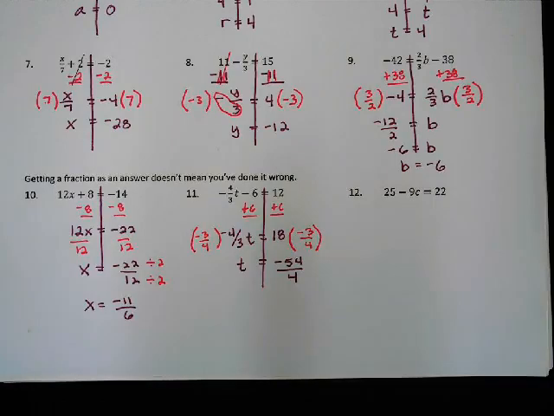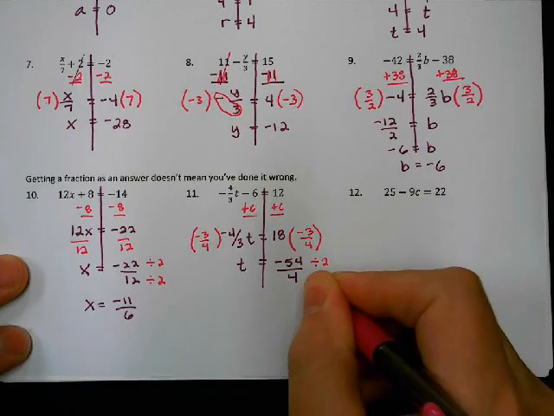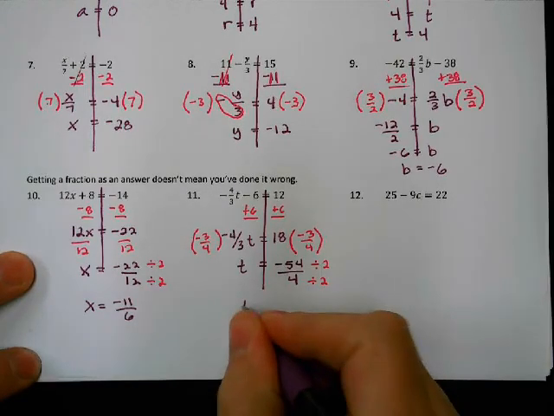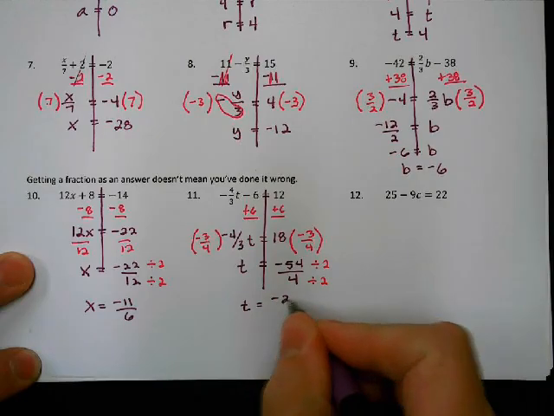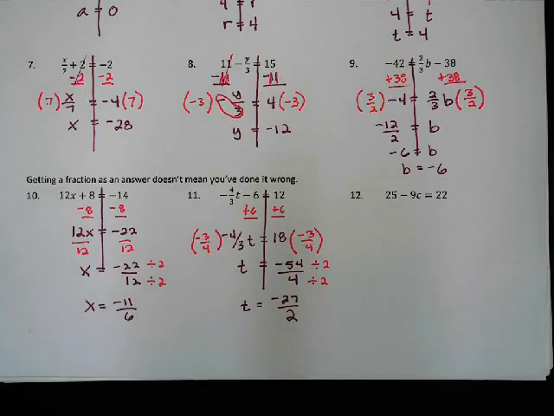So I'm going to reduce it. And that gives me my final answer. Negative 54 divided by 2 is negative 27, and 4 divided by 2 is 2. That's my final answer. I don't want you to give me the answer of negative 13.5. Leave it as an improper fraction that's been reduced. We call that a common fraction.